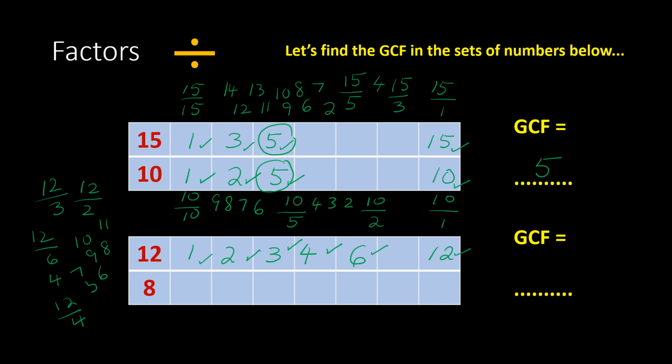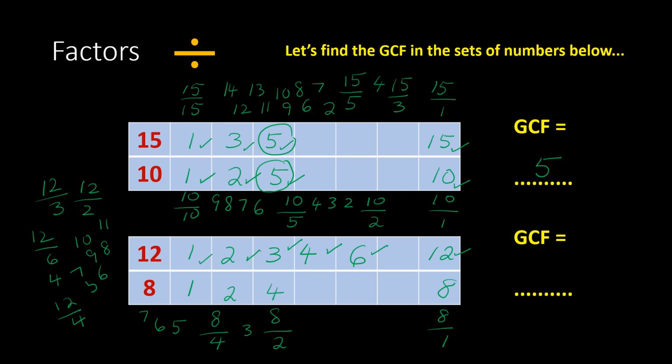Let's try the factors for 8. 8 divided by 8, you get 1. And 8 divided by 1, you get 8. So let's try 7, no, 6, 5, 4, yes. 8 divided by 4, you get 2. How about 3? No. You can divide by 2, you get 4.